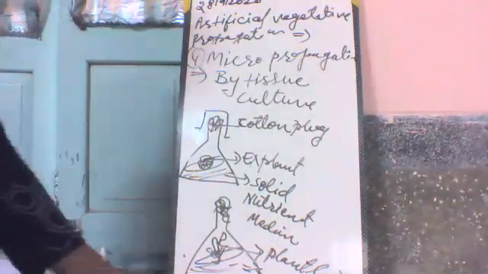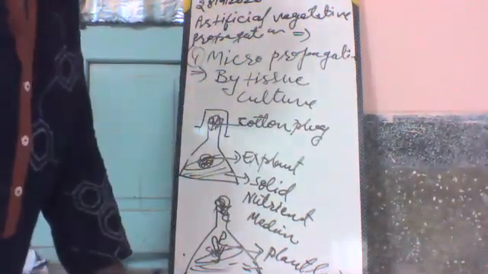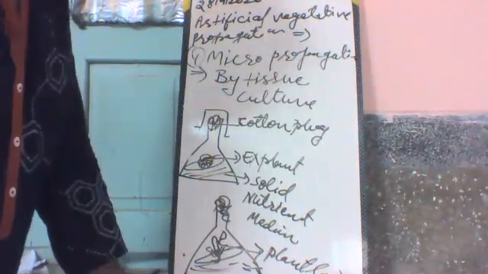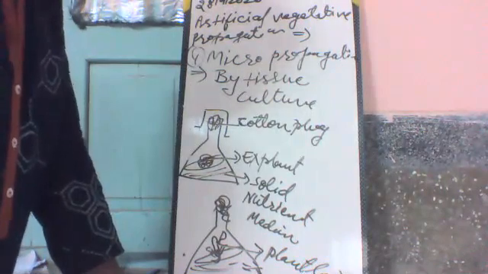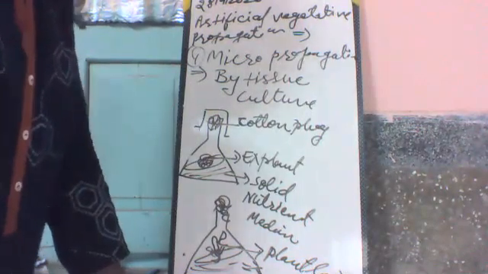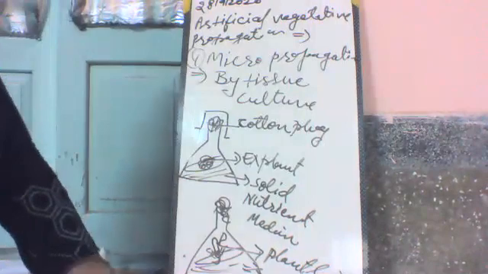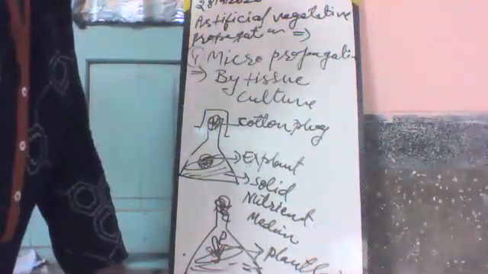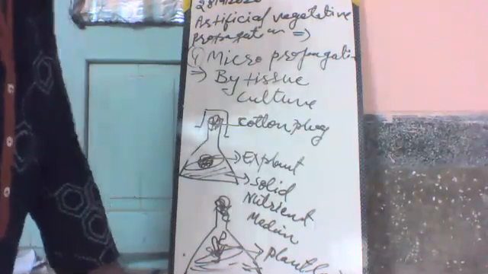After division of cells, we have to add some regulators or hormones or some chemicals on them to get them to grow in a proper manner. Cells differentiate into plant parts like tiny plants.